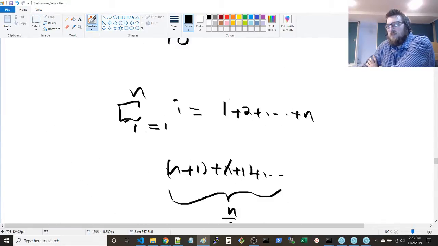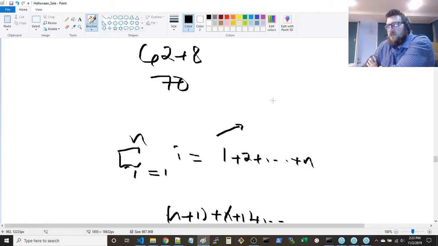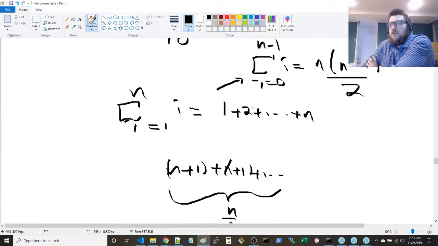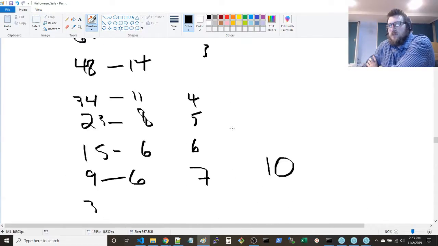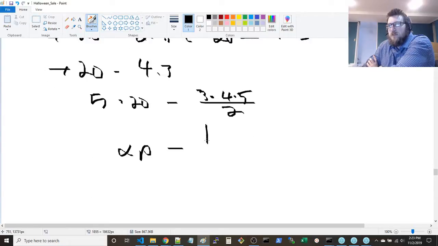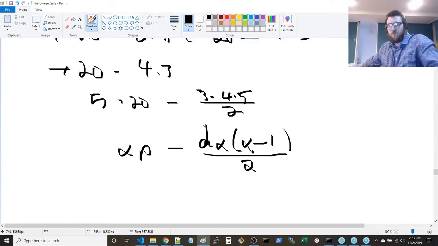It's actually the sum, I equals 0 to n minus 1 of I, which is n minus 1 over 2. That's why. It doesn't actually go to n. It goes to 1 less than n. It doesn't go all the way to alpha. It goes to 1 less than alpha. So you get d times alpha minus 1 over 2.